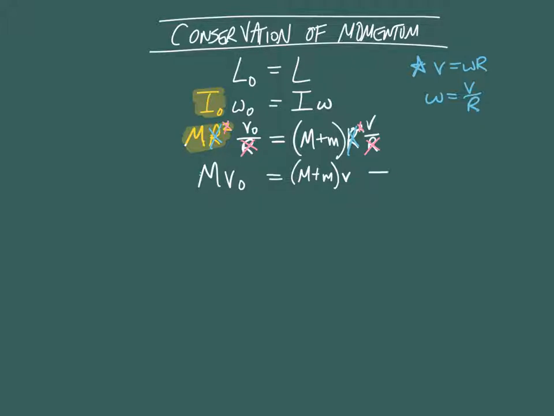And what this tells me is if I want to know the final speed, I can write it as the mass fraction times the initial speed. So basically, the final speed after the collision is going to be a little less than the initial speed of the skater.